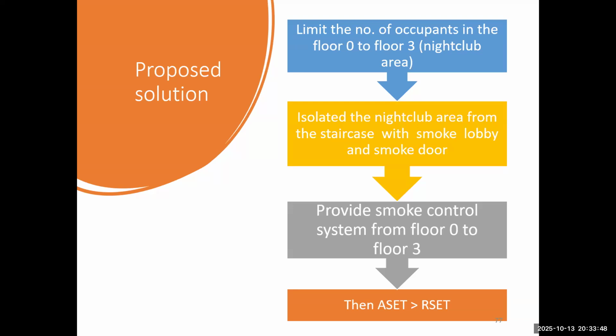The first is that we can extend our available evacuation time, or we can shorten our required egress time. That is the key way for us to tackle this problem. By using this way, we can both shorten the escape time and extend the safe time.